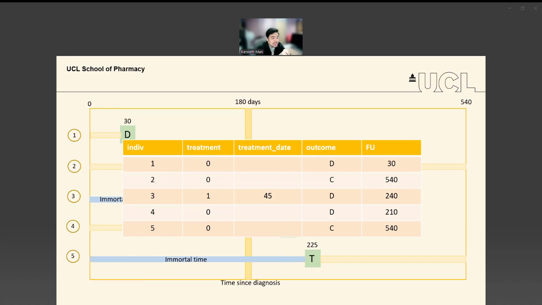Patient number 3 received the treatment at day 45. And then we have the outcome status. 3 of them died at various time points, and 2 of them were censored towards the end of the study period. And then we have the different follow-up times accordingly for these 5 individuals. So that is the basics.